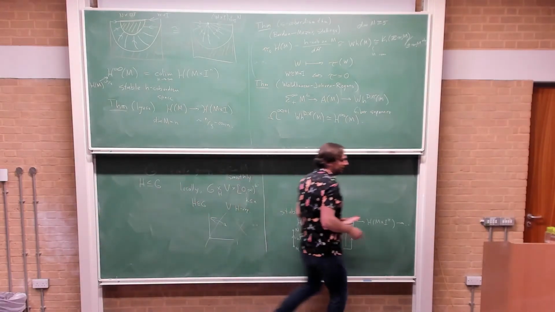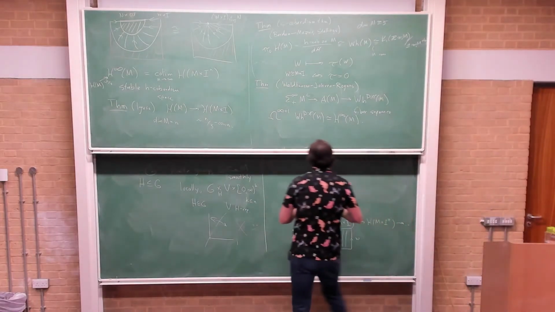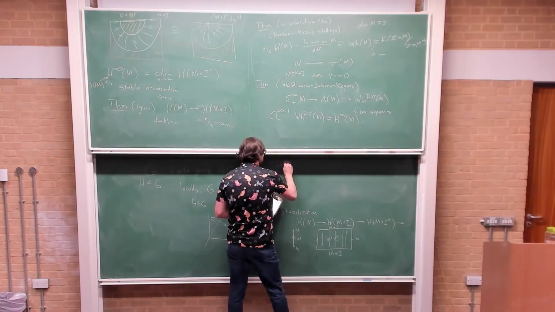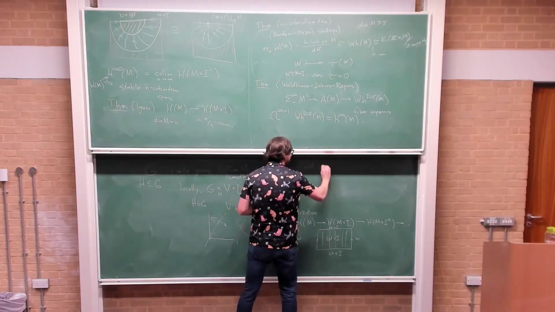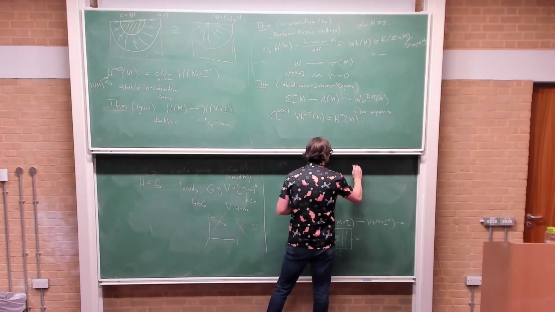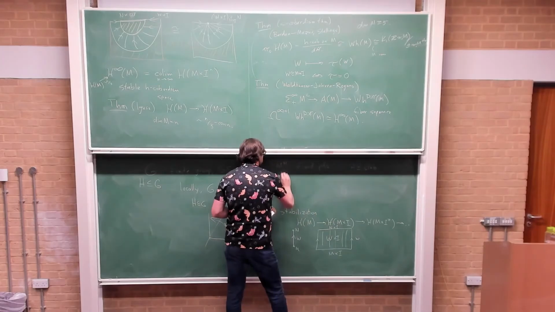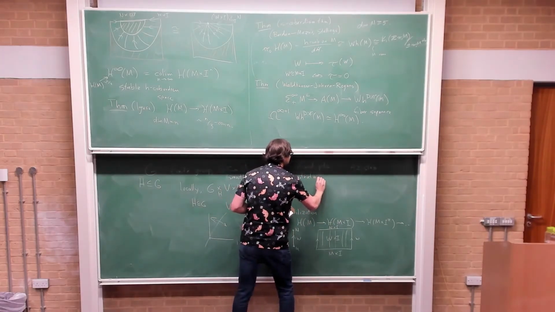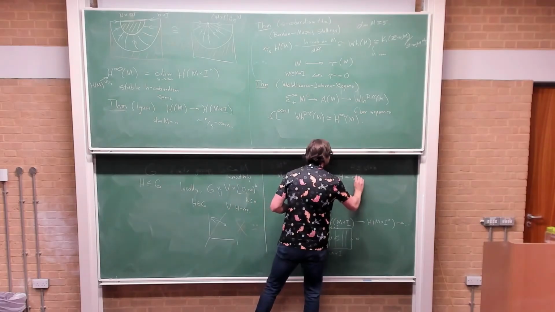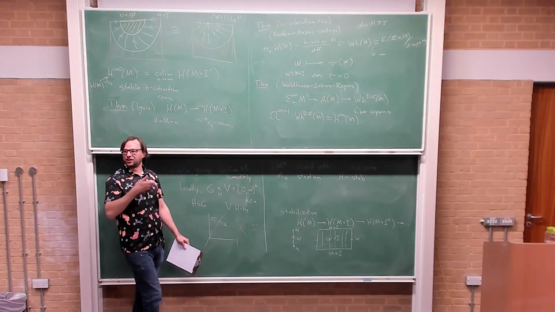Great. So now, I feel like in this crowd this is going to be a little bit silly to write, but let me write it anyway. So M^H is the fixed points. These are the points where H is a subgroup of the stabilizer group. I'm going to let M_H be the H stratum. So these are the points where H is equal to the stabilizer: the points that are fixed by exactly H and not a bigger group.